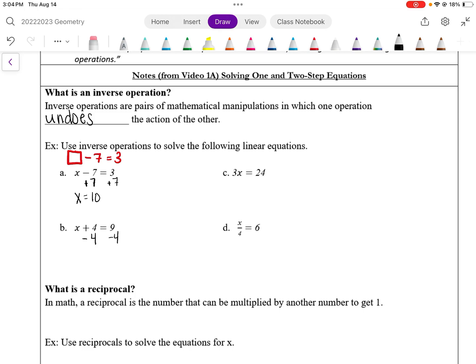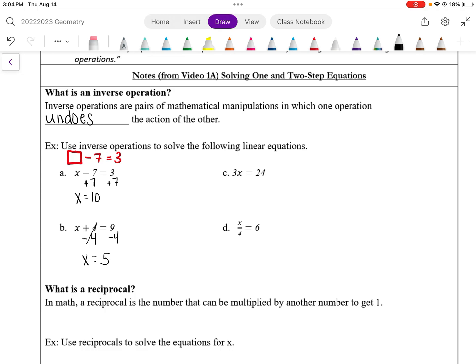So we're going to subtract 4 from both sides of the equation. 4 minus 4 is 0, so it kind of cancels out. That's what an inverse does. It undoes the operation. And we get x equals 5. And again, that should make sense because if you go back to the original equation, 5 plus 4 does equal 9.